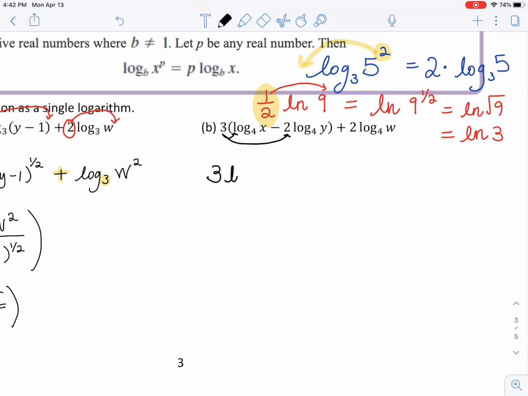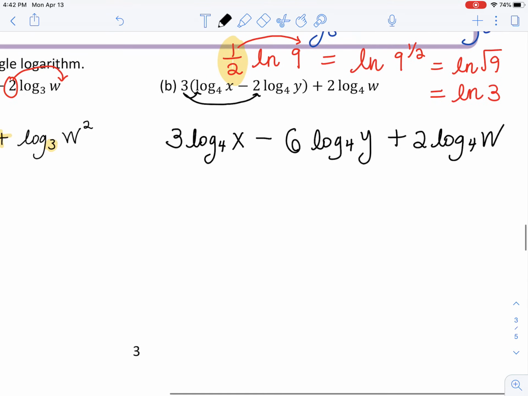So let me go ahead and write this as 3 times log base 4 of x minus, not 2 anymore though, right? It's going to be 6 times log base 4 of y, and then plus 2 times log base 4 of w. Okay, so what I did, I just distributed that 3 to these 2 terms inside the parenthesis.